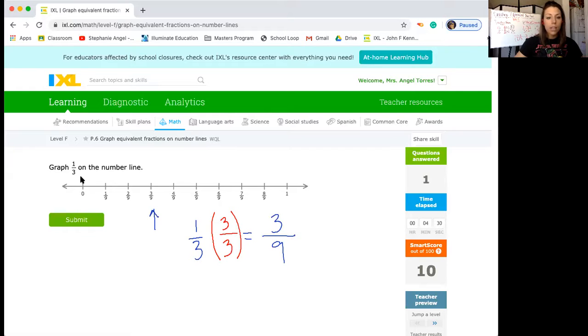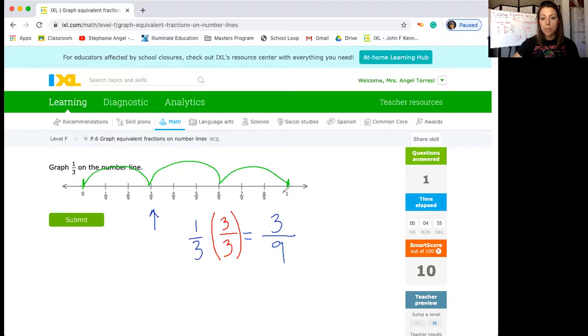Or I can use the number line. I'm going from 0 to 1, and I have to make 3 equal sized jumps there. So this one's a little bit tough, but if I use like 2, 1, 2, 3, nope, that didn't work, okay. And clearly using like 1 isn't going to work, okay. Let's see if I can use 3. If I go 3/9, and then 3/9 again, and then 3/9 again, look at that.